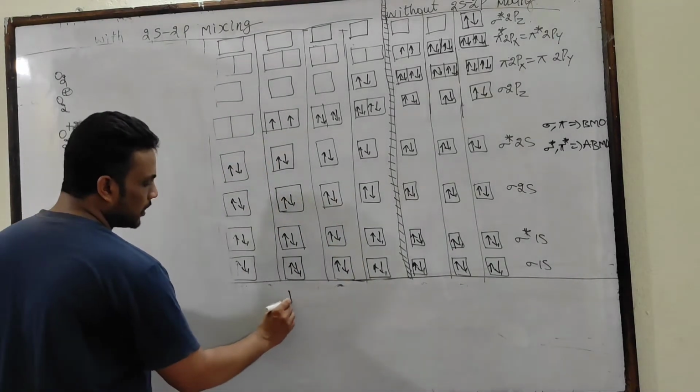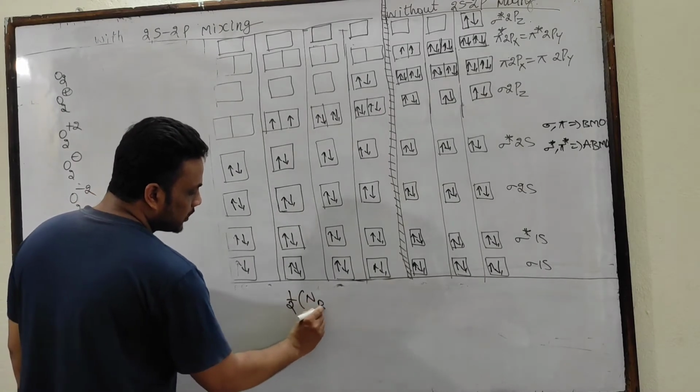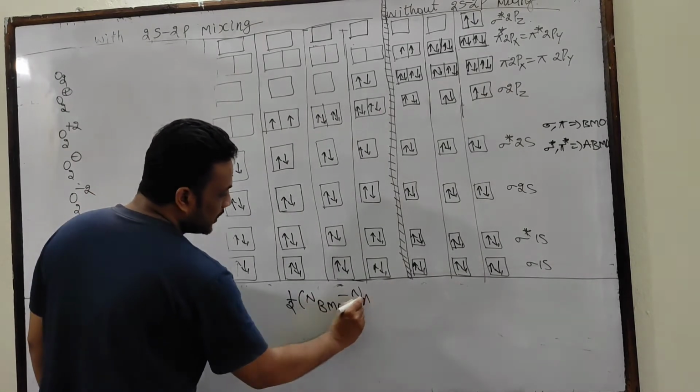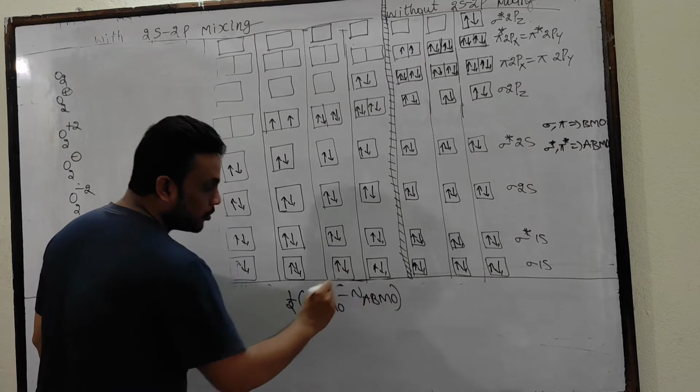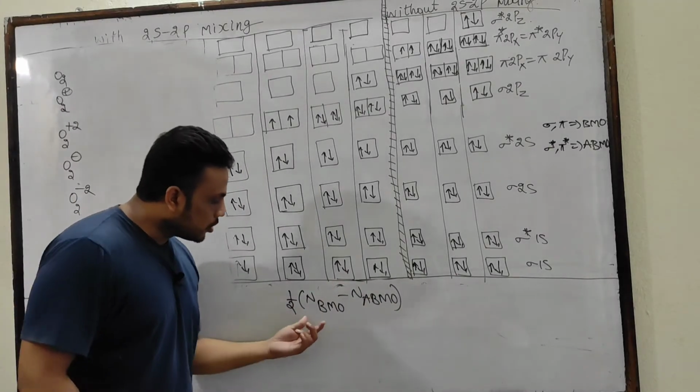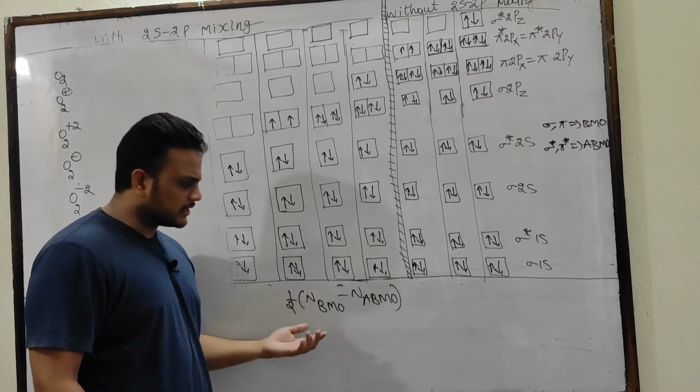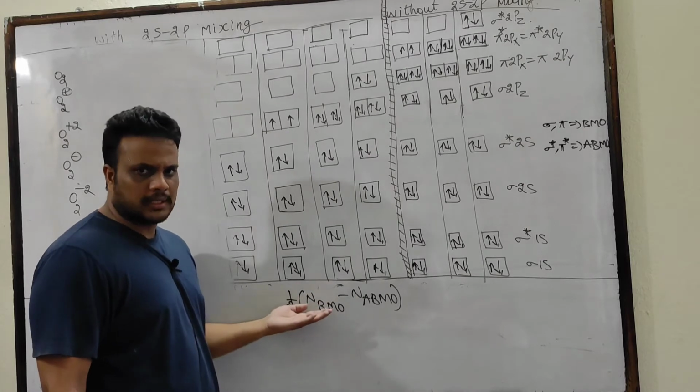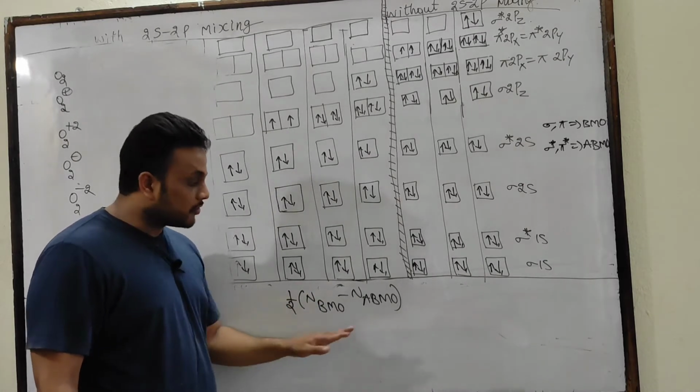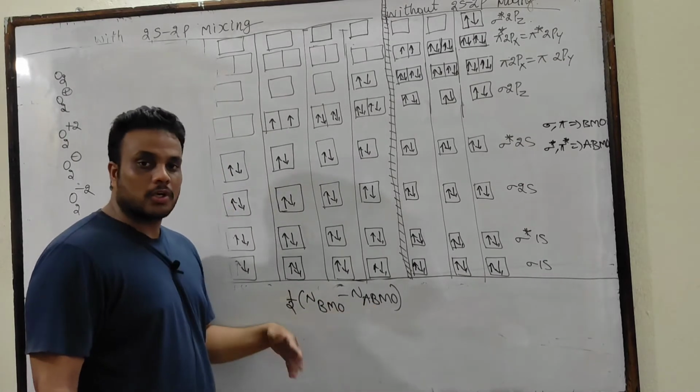Because bond order formula we know very well: number of electrons in BMO minus number of electrons in ABMO. When I add electron to this, then bond order increases, because this value increases. When I remove electron from this value, it decreases, so bond order increases.